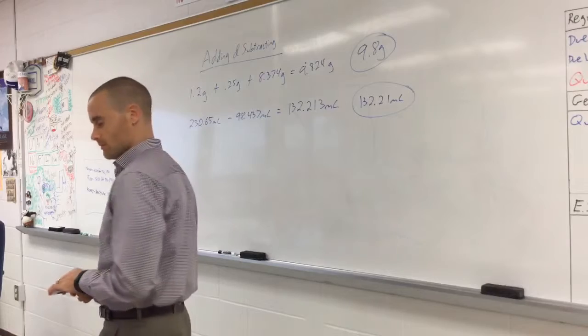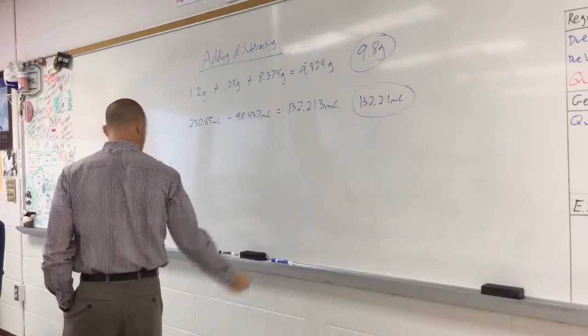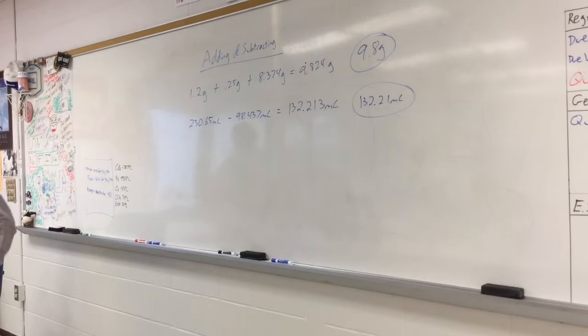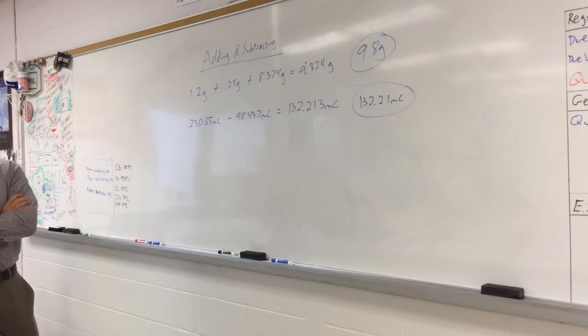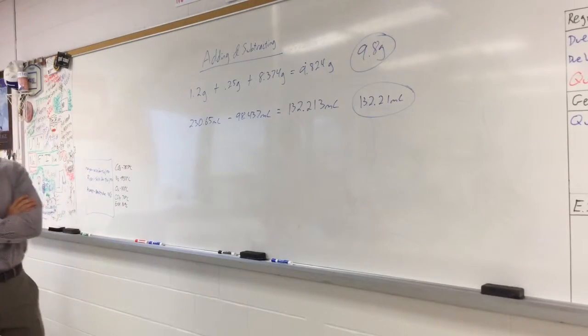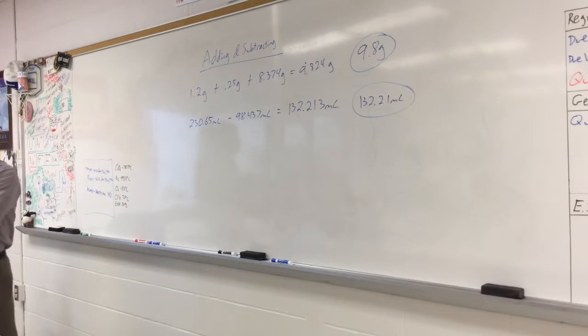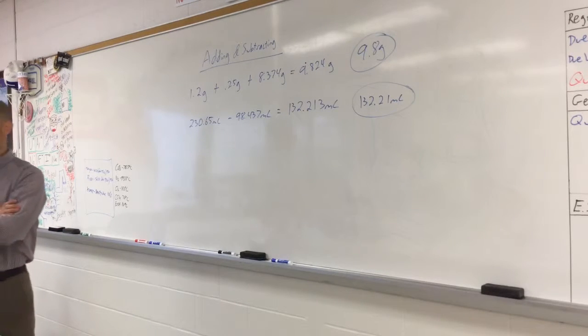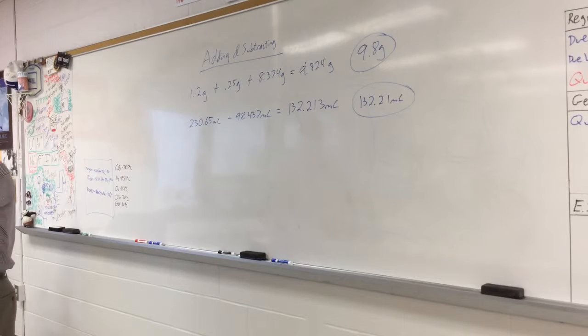This has 5. This has 2. And this has 2. Because it's the right answer. Maybe it's the most amount of significant numbers.